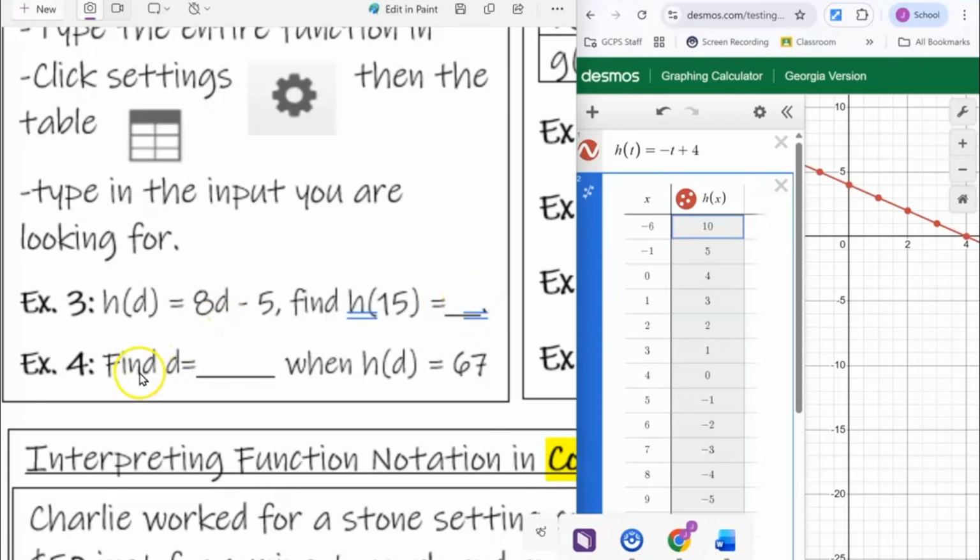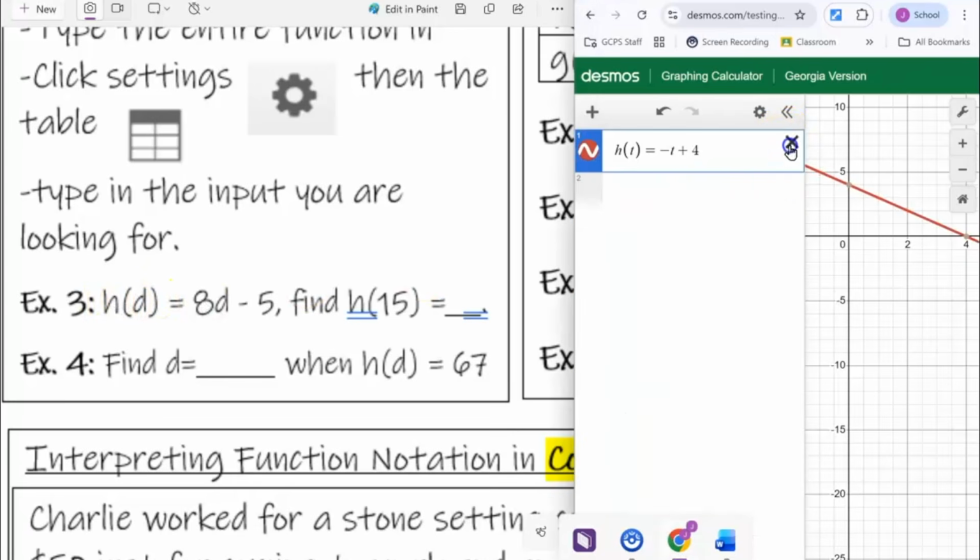All right, so for example 4, find D when h of D is 67. So find D, I'm still using h of D. So I'm going to go ahead and type it in because I didn't have it. You should already have it. And this is why I prefer the enter version instead of just changing the numbers for the question that asks for the x. So they don't give you x, they tell you what y is.